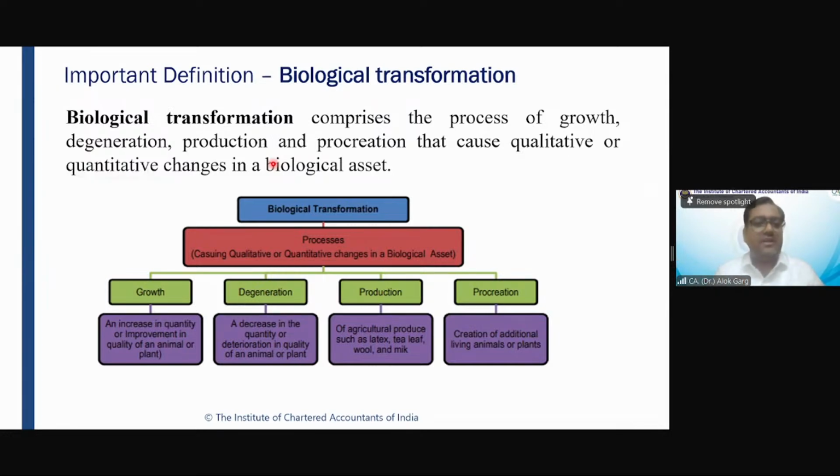And when a living animal gives birth to another living item, it is a quantitative change. So biological transformation is the process of growth, degeneration, production, procreation. So just a theory.